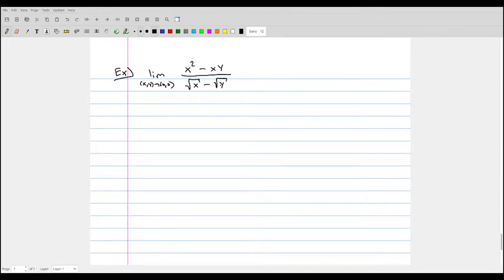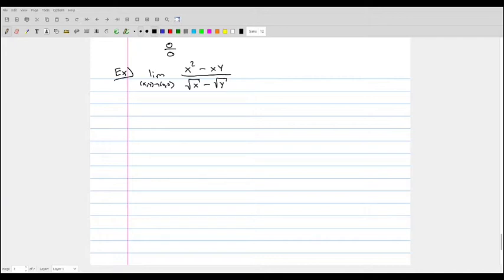You can't directly apply those limit laws to this, because if you try, the denominator here is 0. And the numerator is also 0, so this is an indeterminate form, which might make you think that this limit does not exist. But it turns out that would actually be wrong. This limit does exist. There's a way that we can algebraically simplify it and make it look nice.